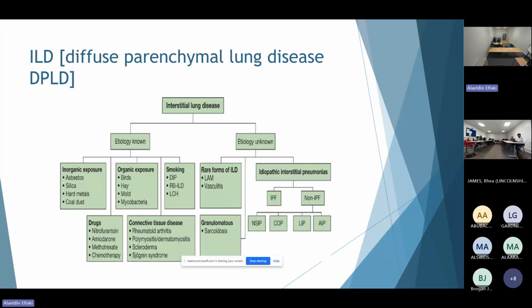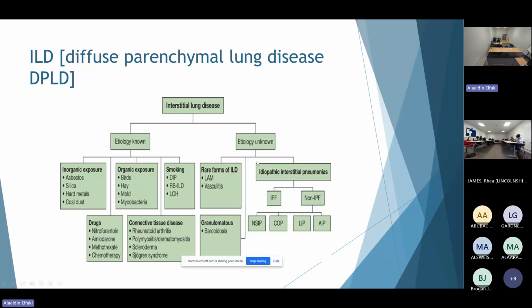The classification of interstitial lung disease is quite broad, and more than 250 types of interstitial lung disease have been reported in the literature. But just to simplify the classification, we have ILD of known etiology and ILD of unknown cause.